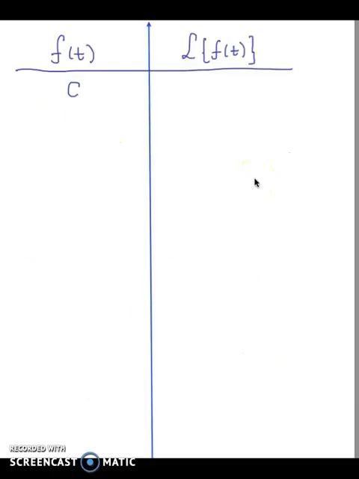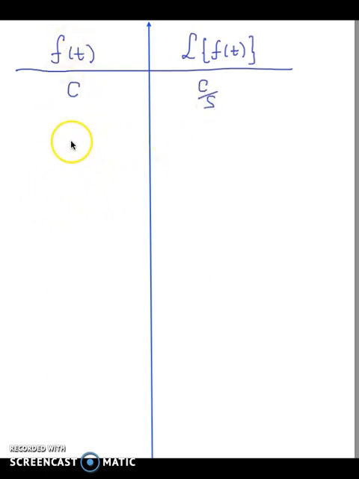So one thing that would be convenient at this point is to summarize the calculations of Laplace transforms. Suppose that the function f of t is a constant c, then its Laplace transform is c over s.